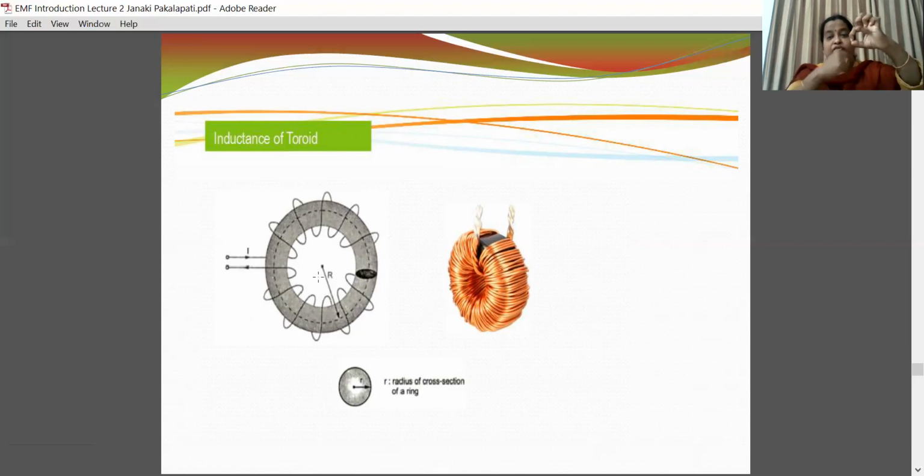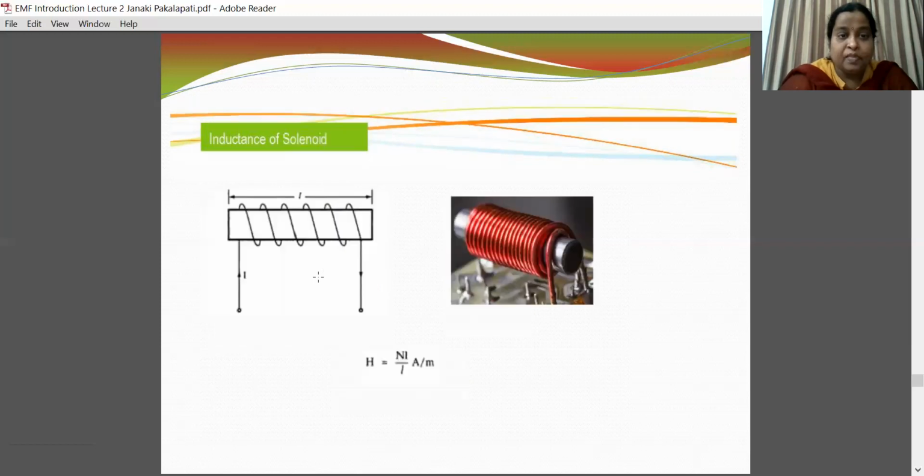On this toroid, if you wind a wire, we need to find out what its inductance is for such an arrangement of the conductor.